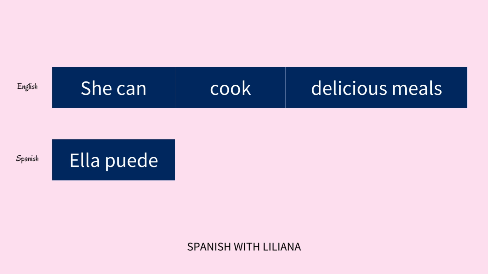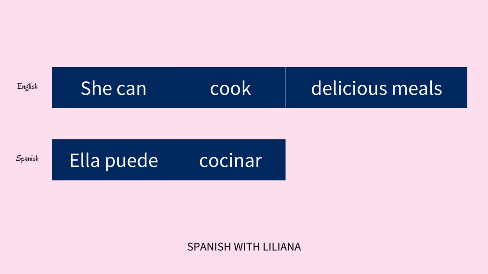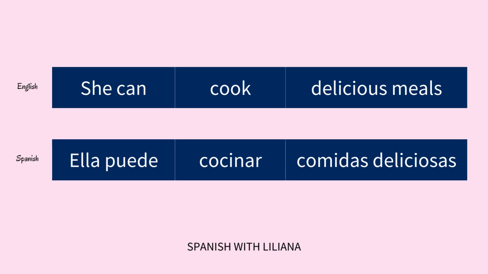How do you say cook in Spanish? Cocinar. Delicious meals is comidas deliciosas. Remember that in Spanish, we switch the order of the adjective and the noun. Ella puede cocinar comidas deliciosas.